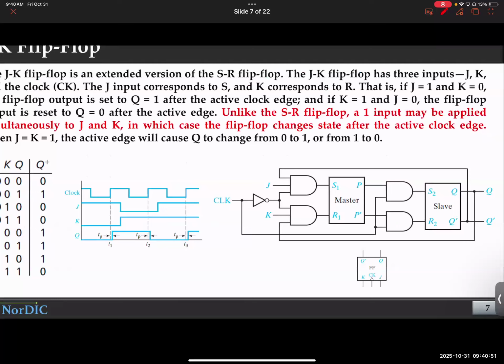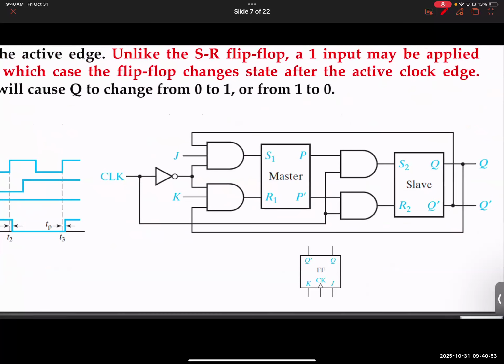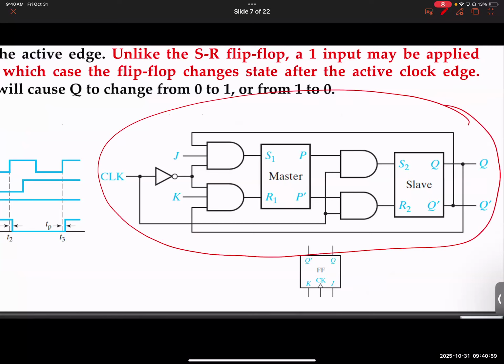Now, I hope by now you are behaving like digital circuit designers. Just take a look at this circuit and tell me the type of changes you see. We are not going to start from the very root level for every circuit because we have to cover a lot of ground.